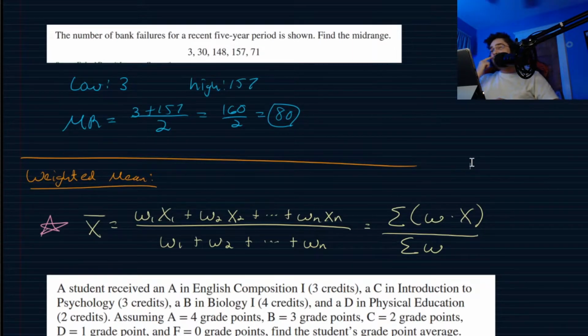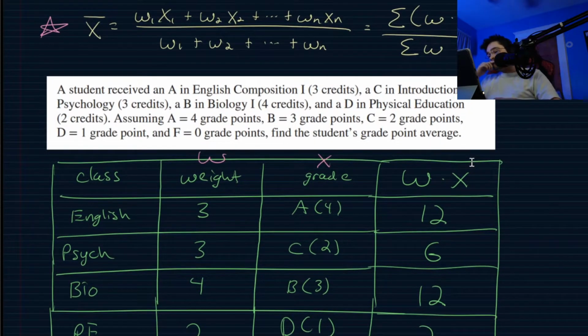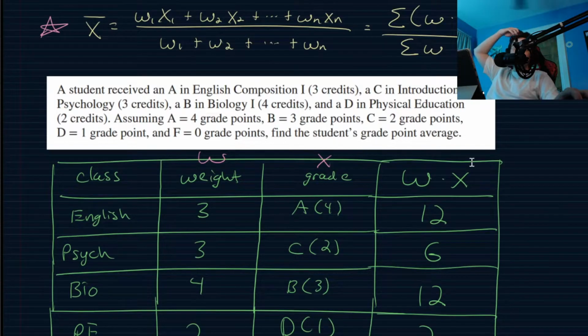Sometimes it's hard to tell which are the weights and which are the data values. The weight is like the percentage of that data value. How do I explain this a little better? Let me pause a sec. I have to gather my thoughts on this one. So the weight is basically how much that class or data value is worth.